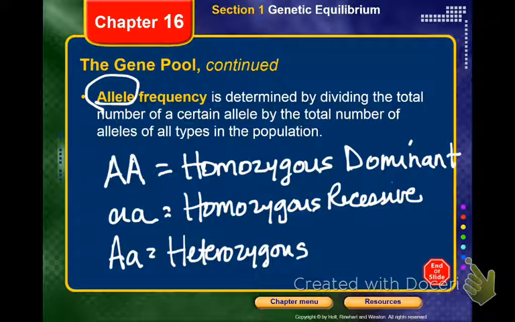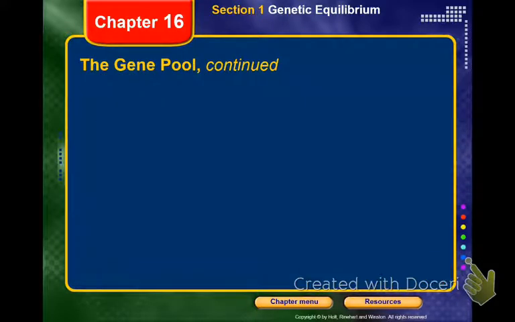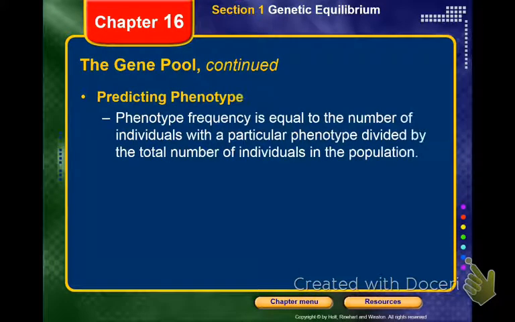So we're going to learn how to calculate what the frequency is. If we know what the frequency is of one allelic combination, we can calculate the other ones using the Hardy-Weinberg principle. So, predicting phenotypes, we can go back and forth from phenotypes to allele frequencies.